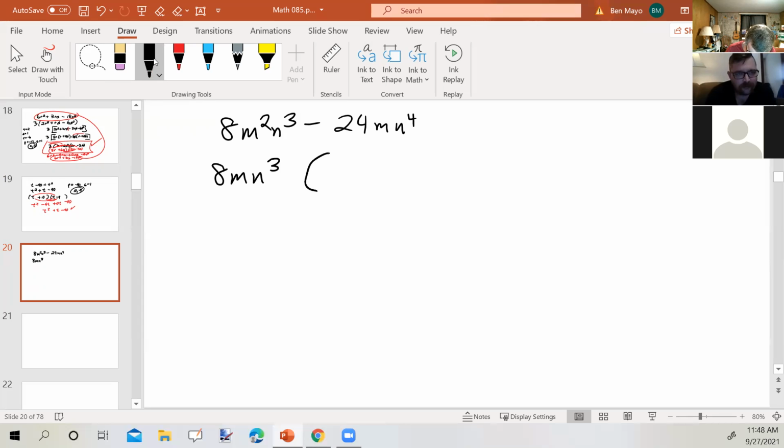So this would give me m minus 3n. Well, that's a binomial in the parentheses, and it's a difference, but it's not the difference of two squares. So that's all I can do. Now, it is not prime because we did take out a greatest common factor.